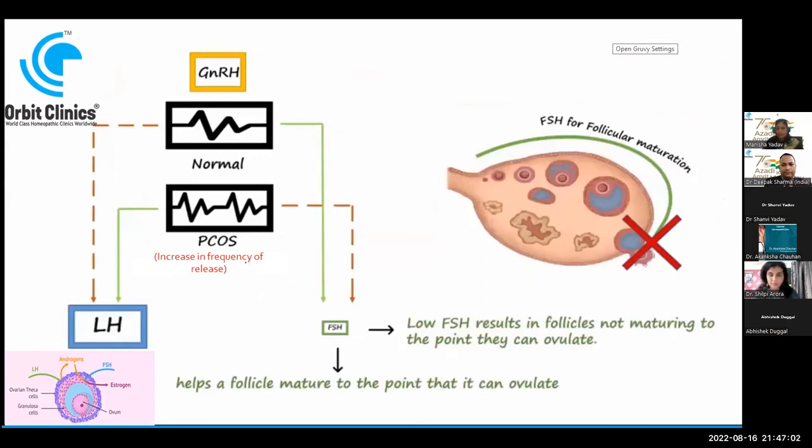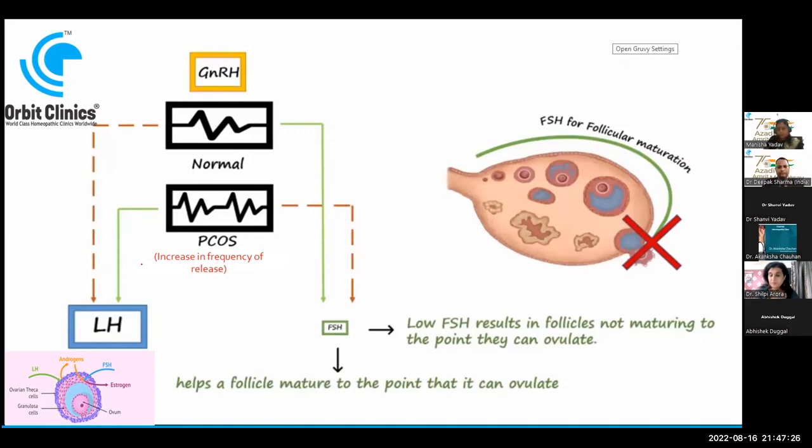There is an increase in frequency of GnRH. GnRH becomes disturbed. What is the cause? It is still not clear, but this GnRH level increases in the body, which causes stimulation of both FSH and LH. So it stimulates the pituitary, and the pituitary will stimulate FSH and LH.